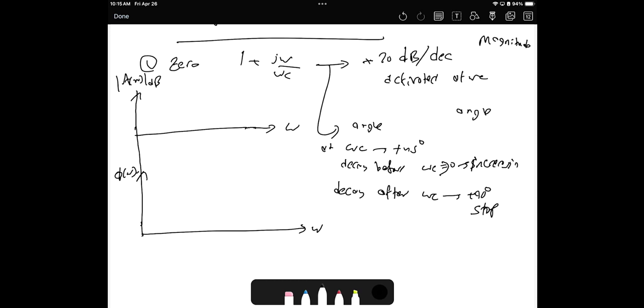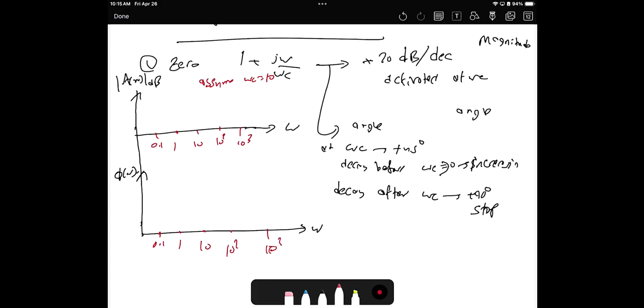The second one is phi of omega, which is the angle. Let's assume omega c equals 10. So we can say this is 1, here is 10, 10 power 2, 10 power 3. Then the same thing below: 0.1, 1, 10, 10 power 2, 10 power 3.